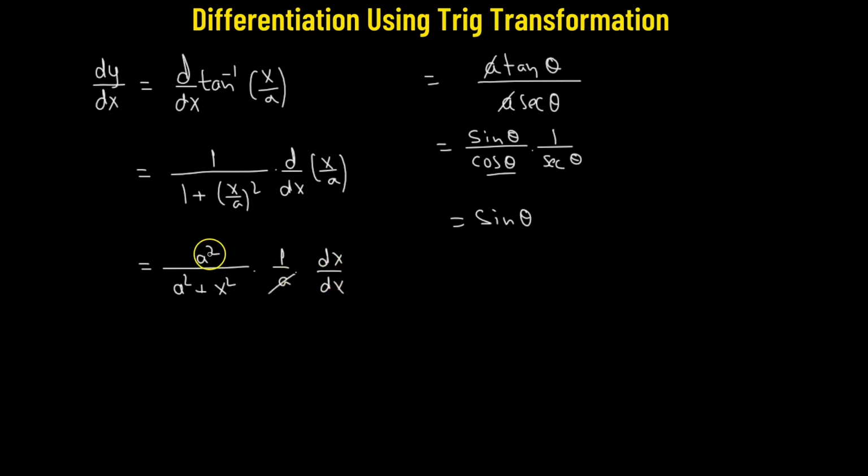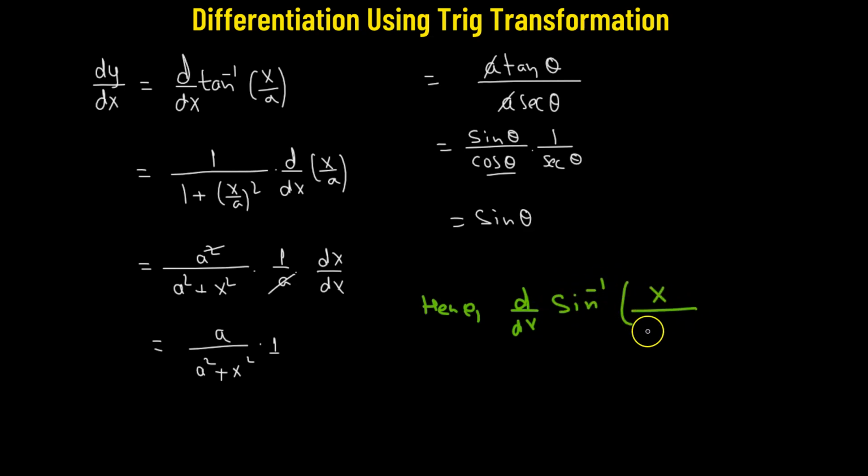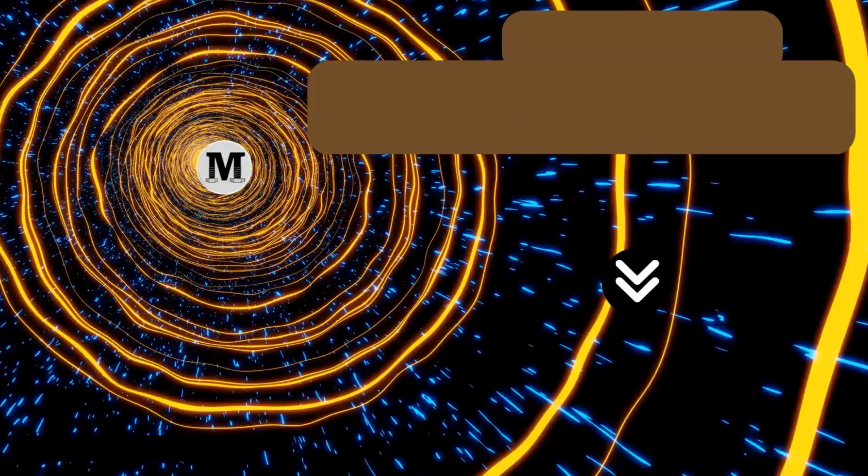Here one a from the denominator and one from the numerator go away, leaving a divided by a squared plus x squared multiplied by the derivative of x with respect to x, which is 1. Hence the derivative with respect to x of the original function, sine inverse of x divided by the square root of x squared plus a squared, has a value of a divided by a squared plus x squared. So this is the final value.